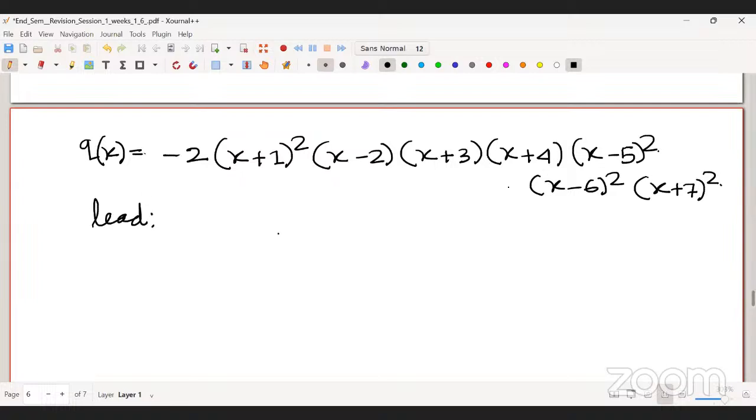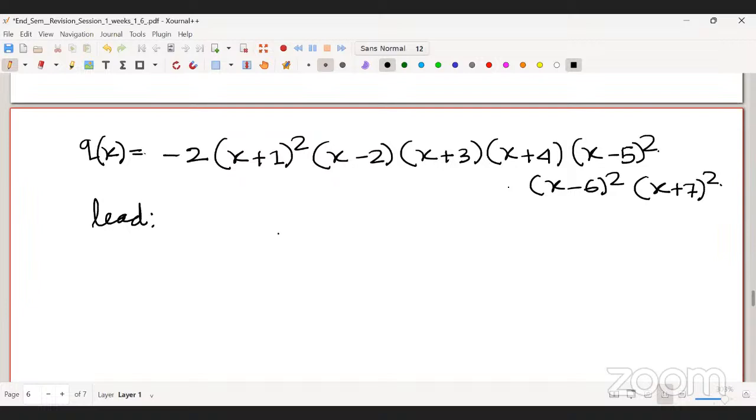It's plus x to the power 11. Sorry? Plus x to the power 11, sir. Plus, is it? Plus x to the power 11, you are saying? Yes, sir. Why? Sir, because we will multiply minus 2 to x minus 2, it's a root in this polynomial.